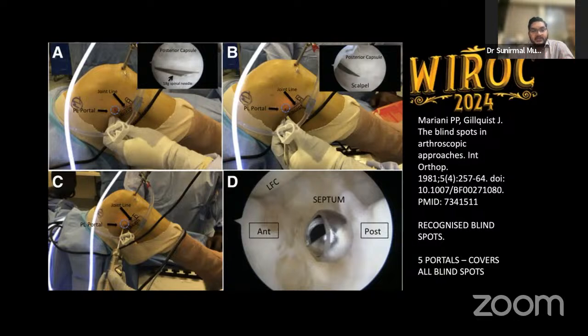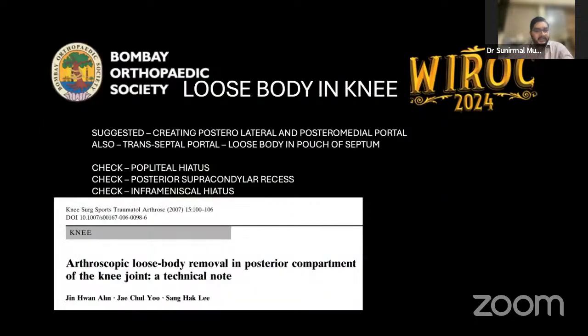They suggested using posterolateral and posteromedial portals as well to cover all the blind spots. In this article, published recently in 2007 from China, they suggested that it's important to check the popliteal hiatus, the posterior supracondylar recess, and the inframeniscal hiatus as well, which are the common spots where loose bodies are missed.